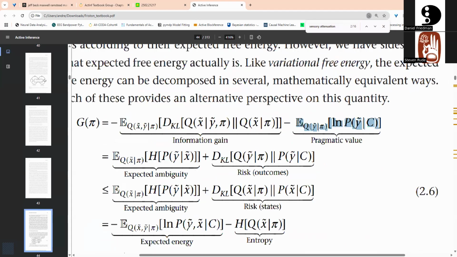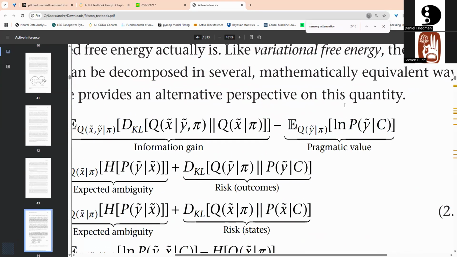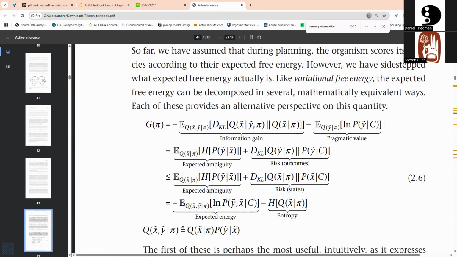So what is this? The expectation of the natural log of the conditional probability distribution of y tilde, meaning it's a sequence, or it can be a sequence of one plus elements, conditioned on C. I don't know if it was nice of the authors to so quickly introduce us to G whenever we're still missing some things, like what is C. But that's okay.